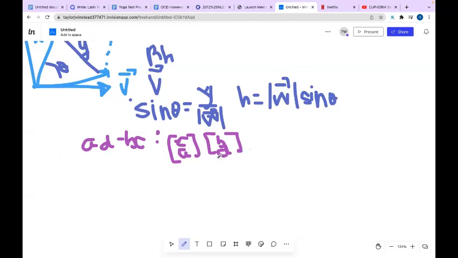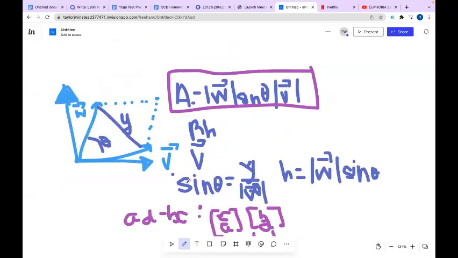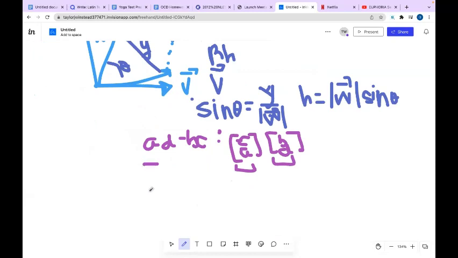Well, what are these two things? BD, and negative CA. If we go back to this A, B, C, D, negative CA is really going to be the perpendicular version of V, right?